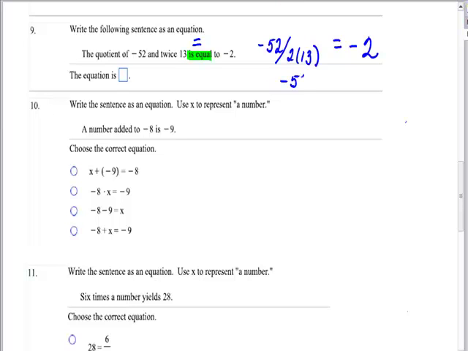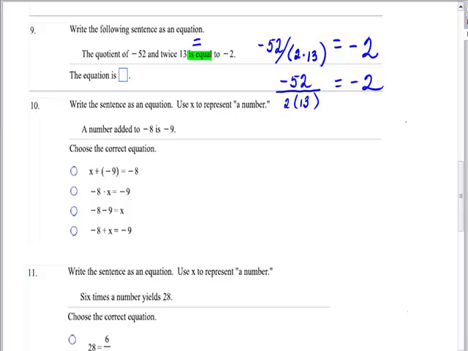I could write it as negative 52 over 2 times 13. Now, that's not confusing, is equal to negative 2. Otherwise, the only way to make sure is this denominator, I could put it into parentheses 2 times 13, because you want it to be divided completely by 2 times 13. So you want to be careful on that.